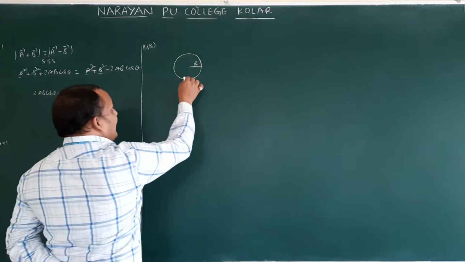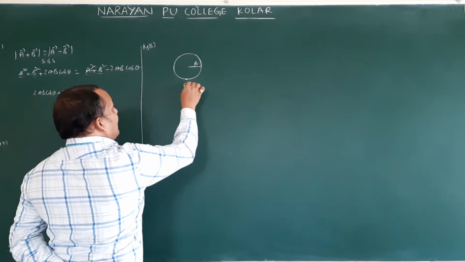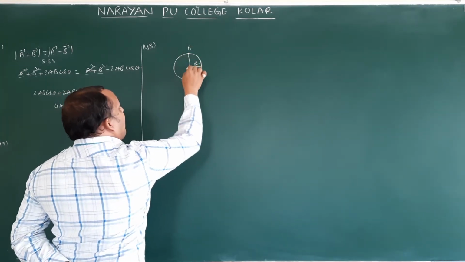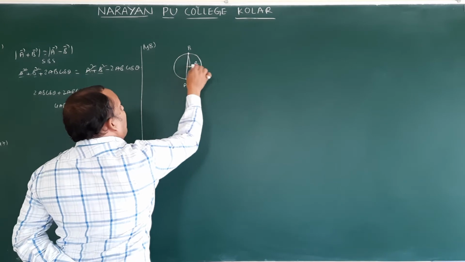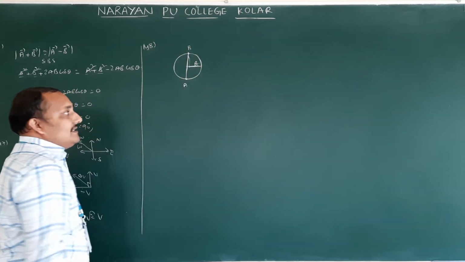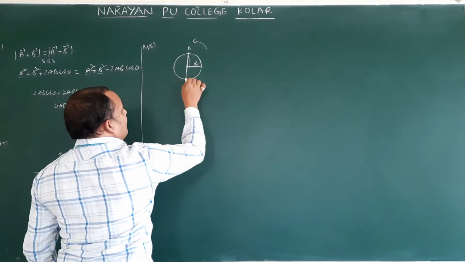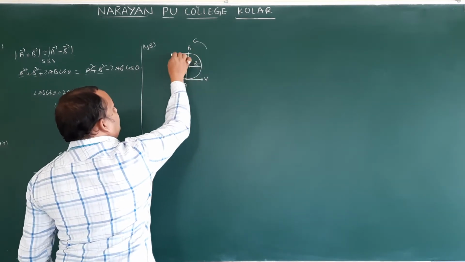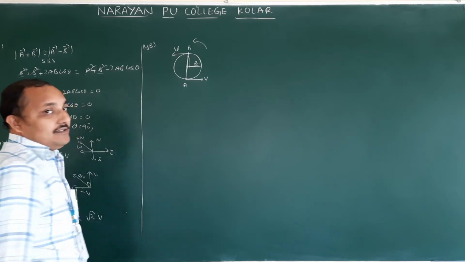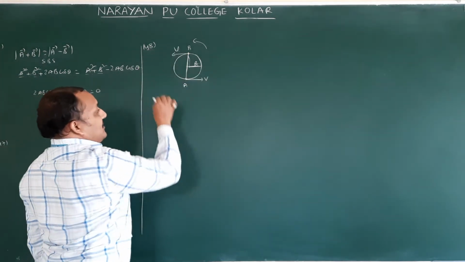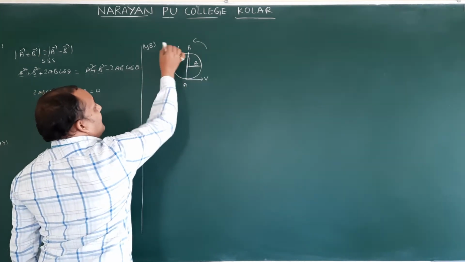Half circle means, let us assume you start from here, it will be going here. What is the direction of velocity if it is going like this? At B it is this. What is the angle between these two? Opposite: one is V, this is minus V.